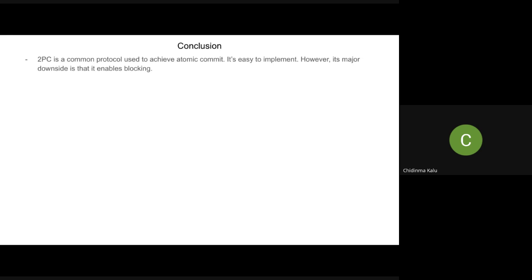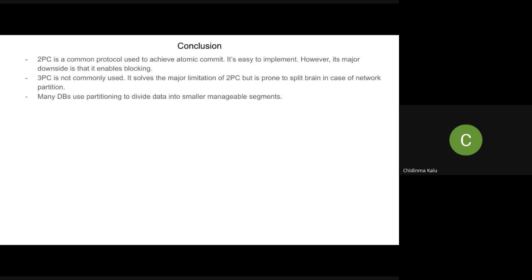But yeah, to conclude, we said 2PC is a common protocol used to achieve atomic commits. We said it's easier to implement. However, its major downside is that it enables blocking. 3PC is not commonly used, but it solves the major limitation of 2PC, though it's prone to split brain in case of network partition. We talked about how many DBs use partitioning to divide data into smaller manageable segments.